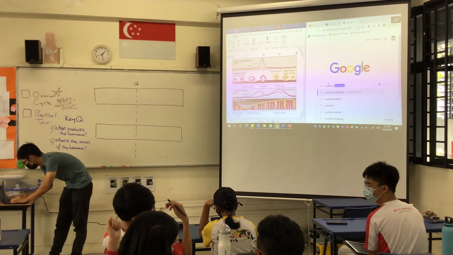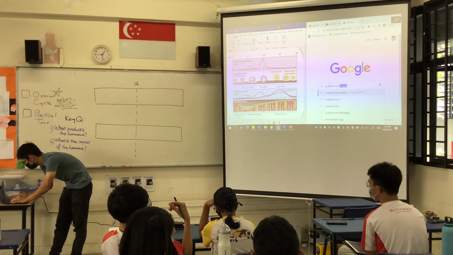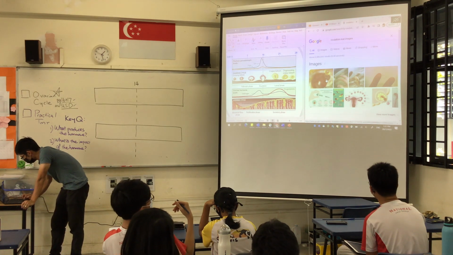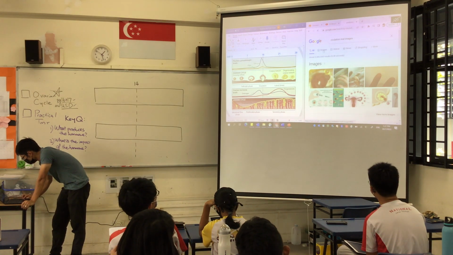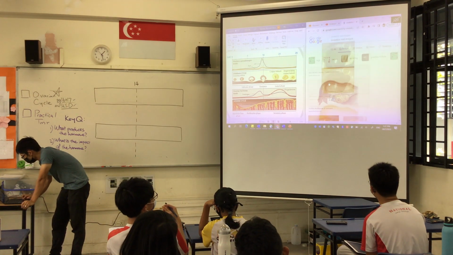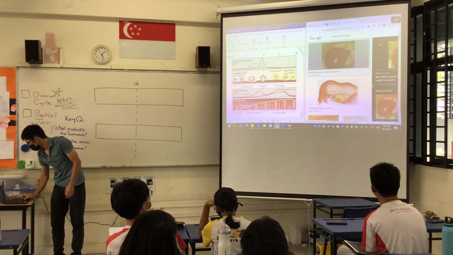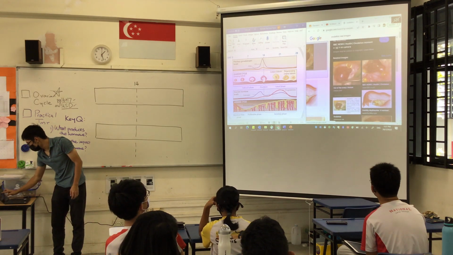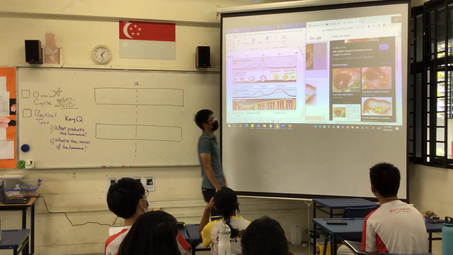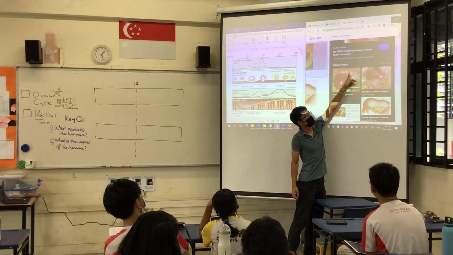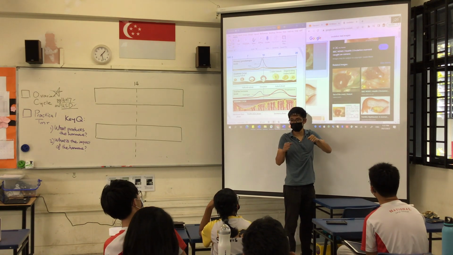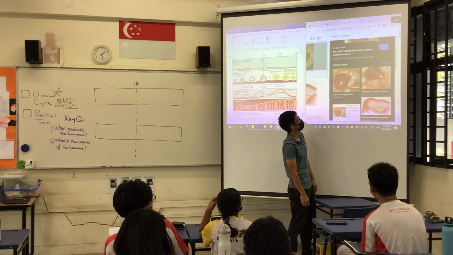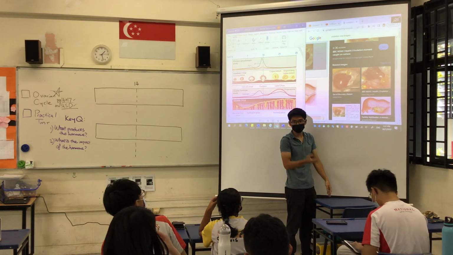Ovulation. Okay, look at this image here. These images show the follicle about to eject the egg out into the open. So this is what we are going to first study.